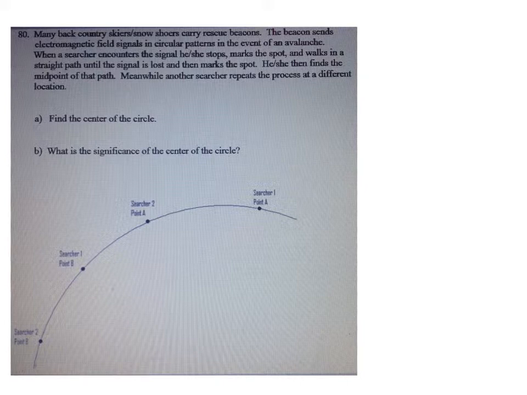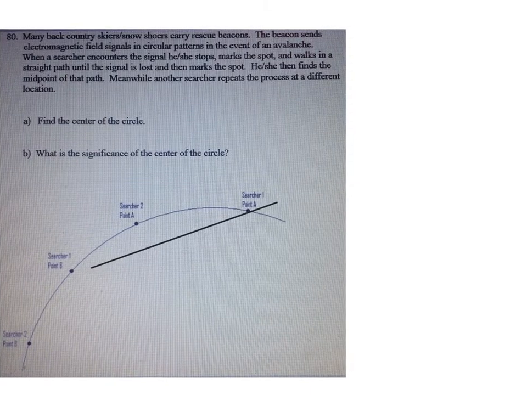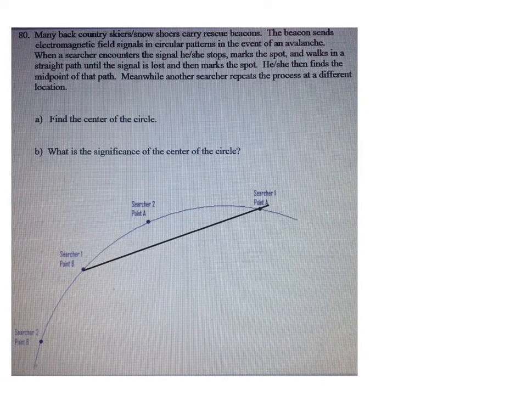So let's see here. Searcher 1, and I'm going to try and draw some lines here using this. So Searcher 1 encounters it, and then they lose it. I'm going to go past so I can, oops, that didn't work. There we go. Okay, so then they create this segment here, basically, that chord of the circle. Okay, and then they said they find the midpoint of it. So we'll say that's the midpoint right there.